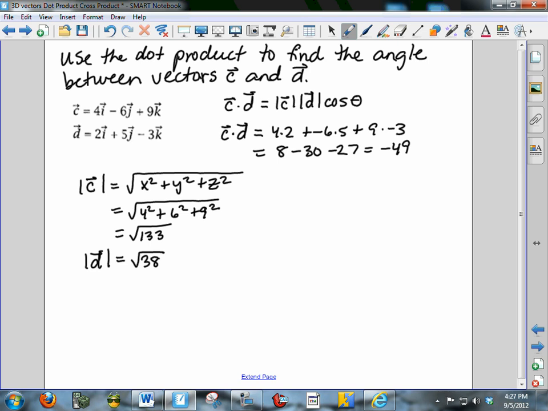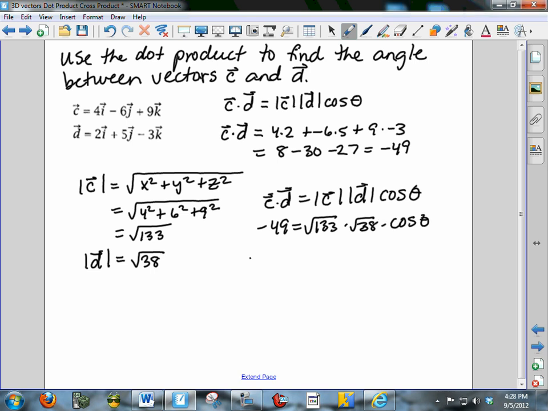Now I have everything I need, and I'm going to go back to my definition, that the dot product is the magnitude of C times the magnitude of D times cosine of the angle between them, and say -49 is equal to the square root of 133 times the square root of 38 times cosine theta.